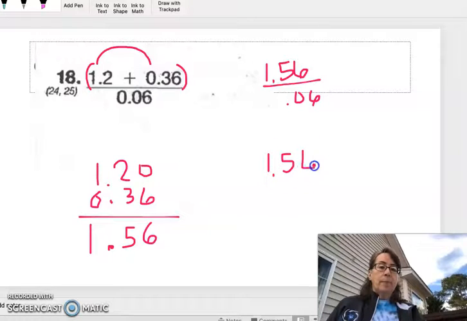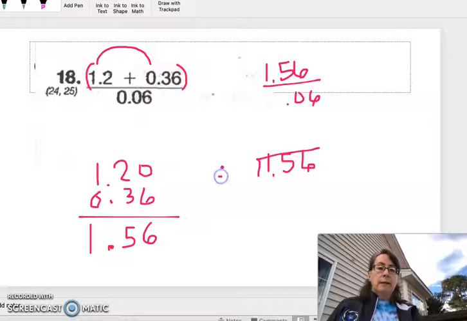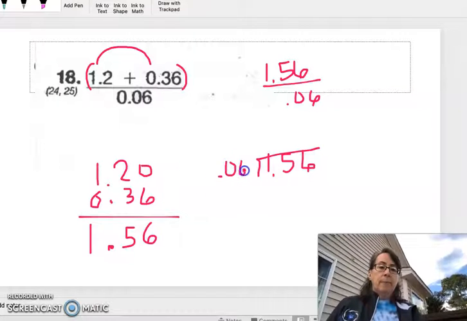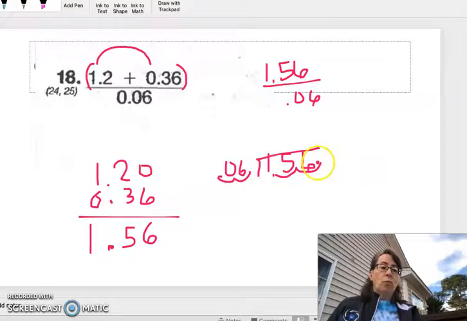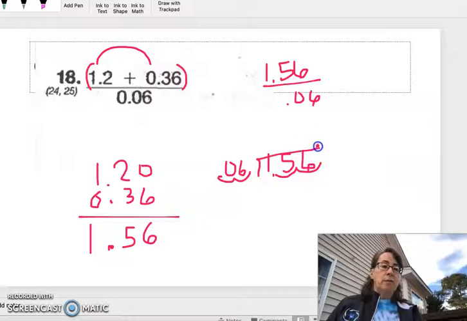1.56 divided by 0.06. Okay, now remember, when my divisor has decimals, I must clear those decimals. So now I'm doing 6 into 156, and my new decimal will be right here at the end.